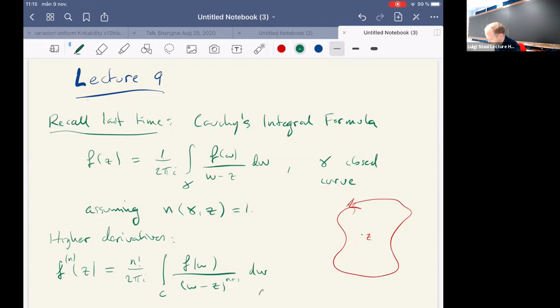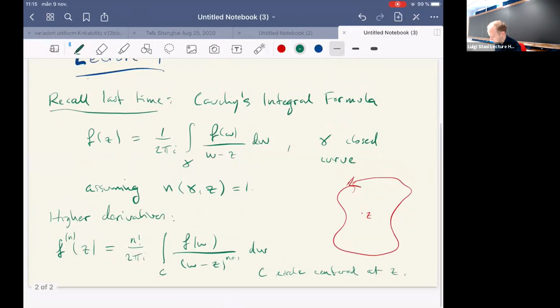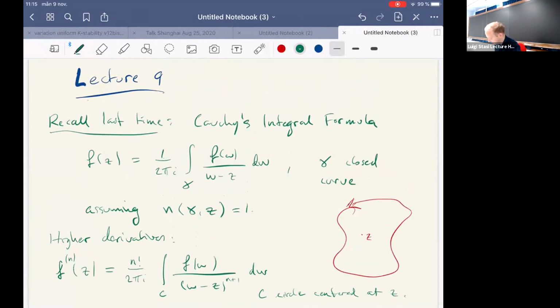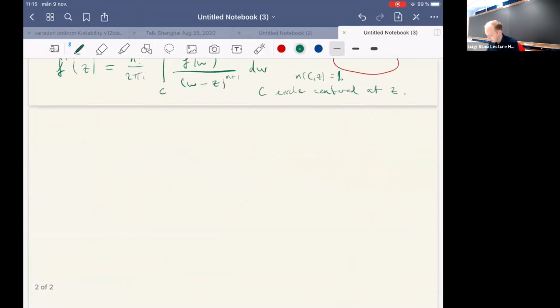And c here was the circle centered at z, winding around exactly once. Okay, so we want to have this winding number set equal to 1.